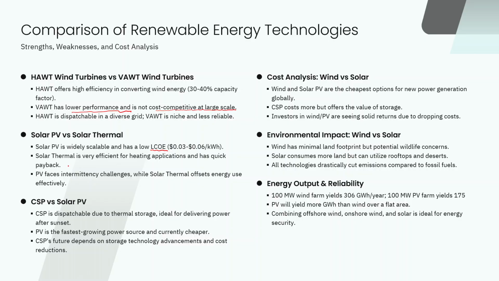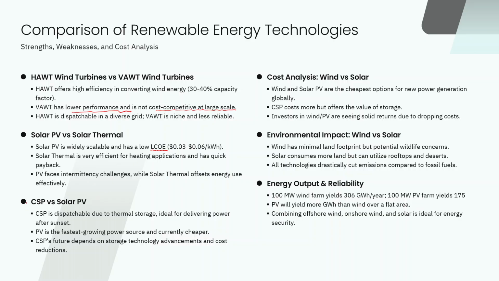For example, if you use solar thermal for water heating and heating applications, you can save the electrical energy that you spend on that kind of application, right? And wind and PV both face intermittency challenges, right? But solar thermal may not face that problem because you have thermal storage technology. Right?